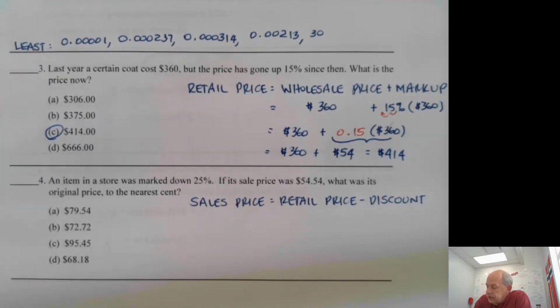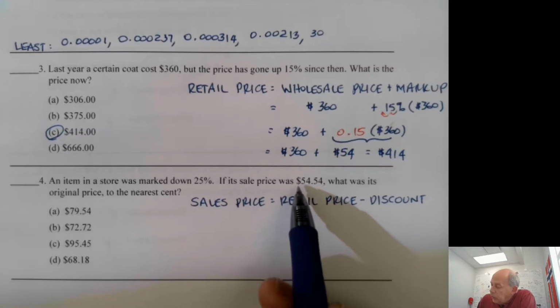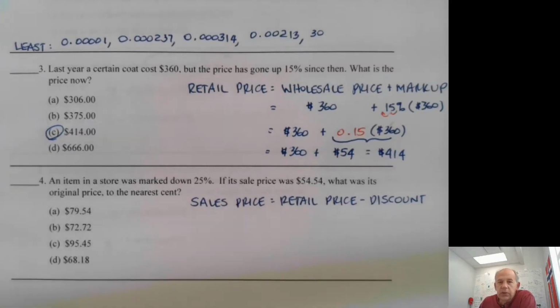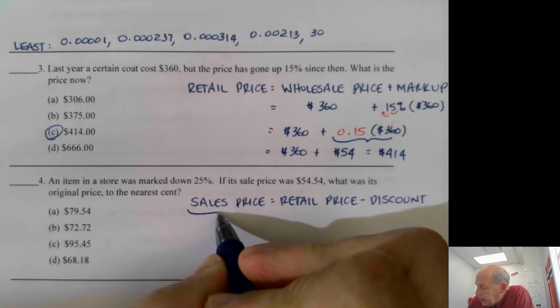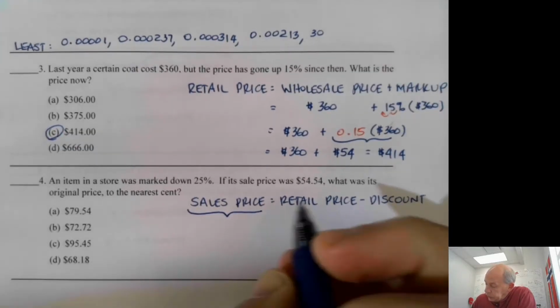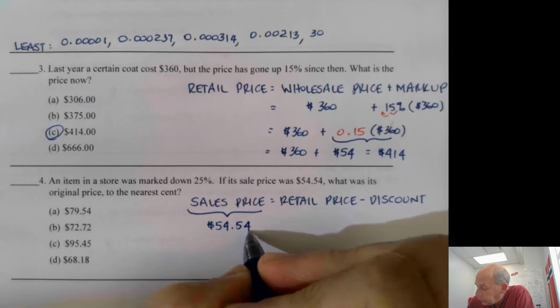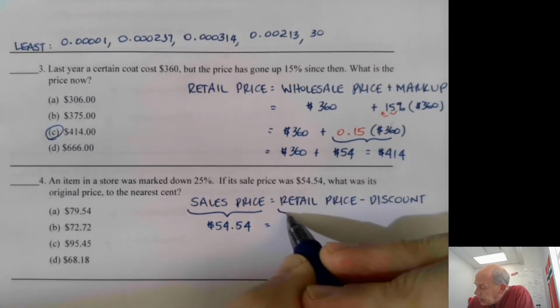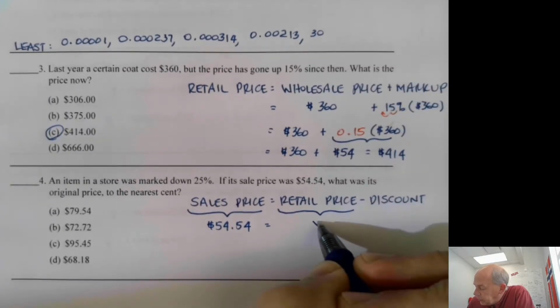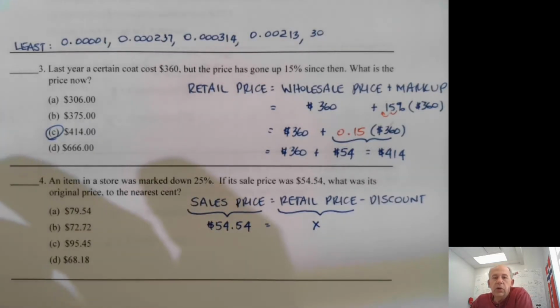Number 4 is basically the same thing, except we're looking at a sales price and a discount problem. I saw the word sales price here, so I went to that formula. My sales price of this item was $54. The retail price, where it came down from before it went on sale, I don't know what it is.